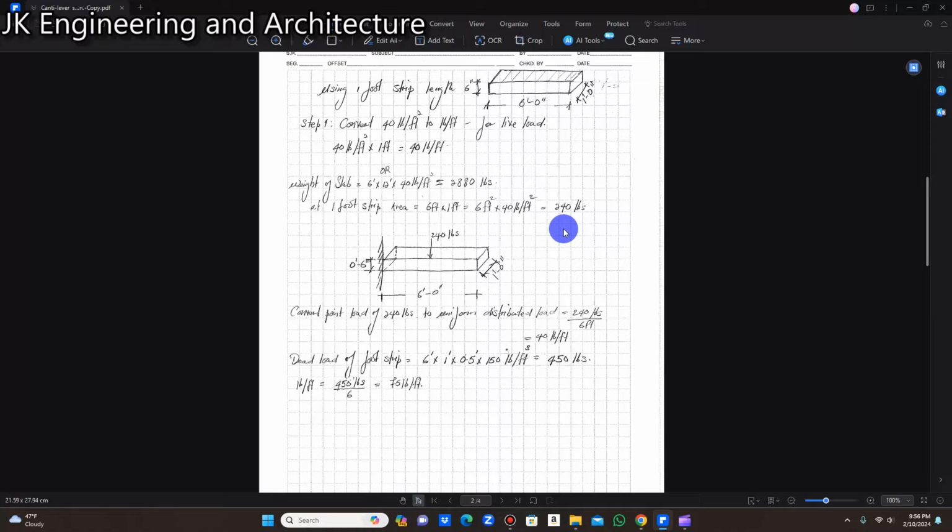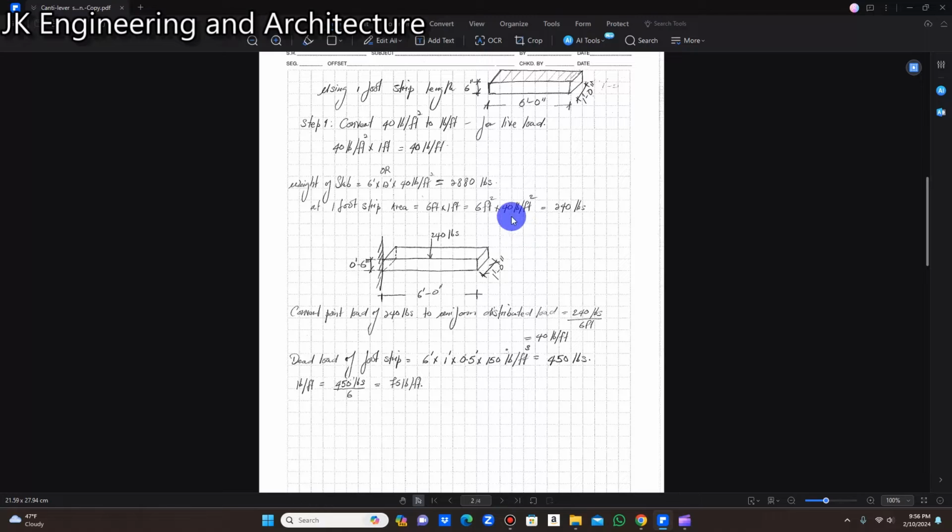The reason why I multiply this 6 feet by the 1 foot length is to give us 6 square feet. And this 6 square feet means that every square foot along that 1 foot strip has to be multiplied by 40 pounds per square foot, because for every square foot the load is 40 pounds per square foot.